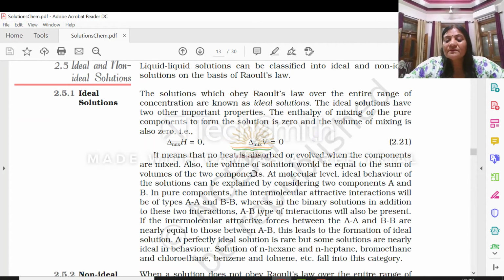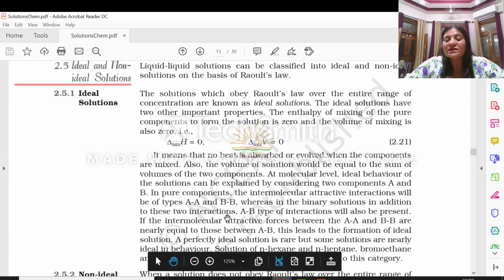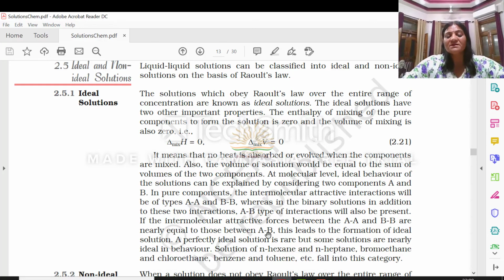Or at the molecular level, ideal behavior of the solution can be explained by considering two components, A and B. In pure components, the intermolecular attractive interactions will be of AA and BB types. Whereas in the binary solution, in addition to these two interactions, AB type interactions will also be present.